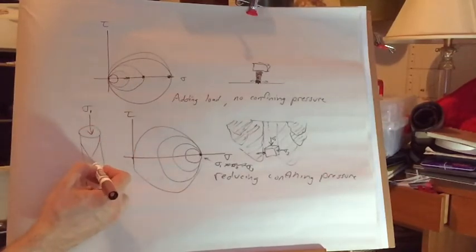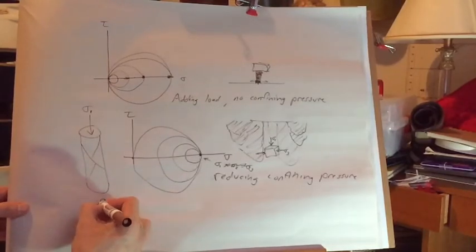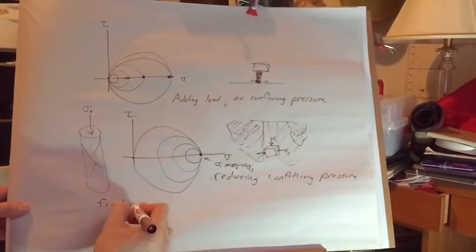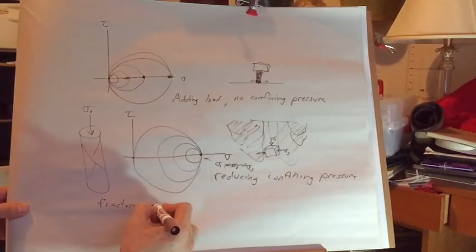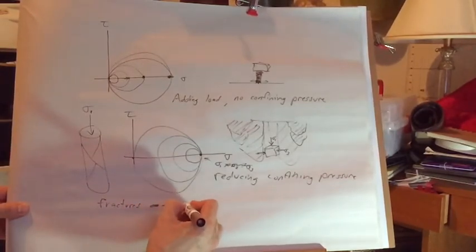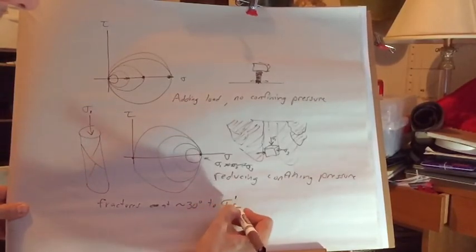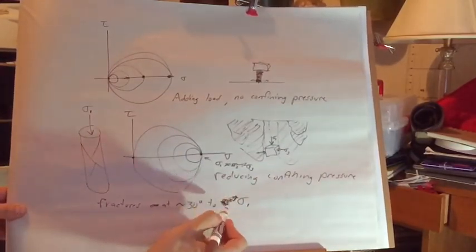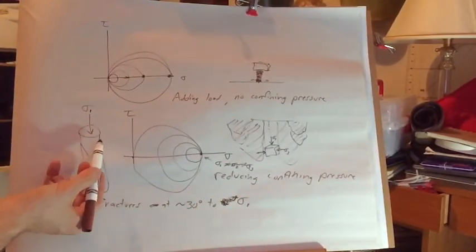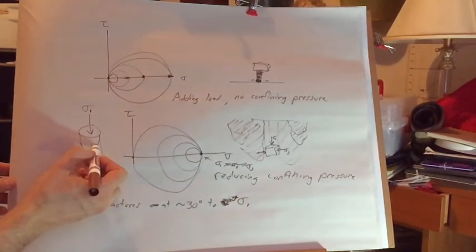These fractures tend to occur at about 30 degrees to sigma 1. Okay, so there's sigma 1, and that would be the angle theta.